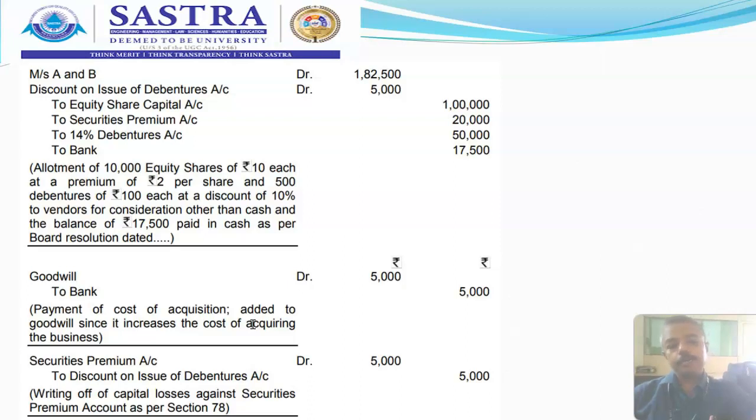And if you have not subtracted anything in the assets, say for example debtors, if you have taken the book value, then the provision for bad debts has to be credited, 1,200. If you have subtracted it in the debtors itself, then there won't be a problem.